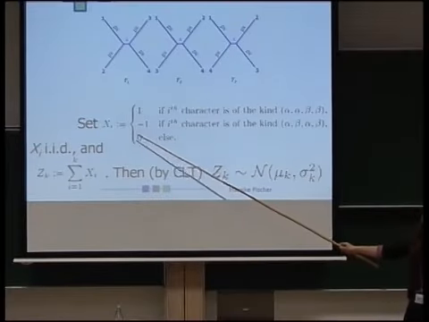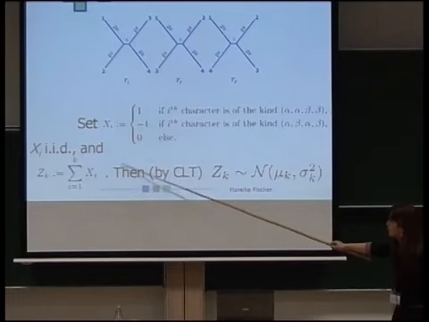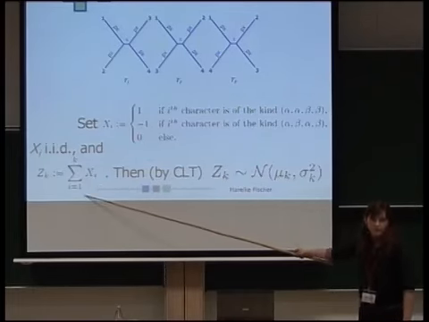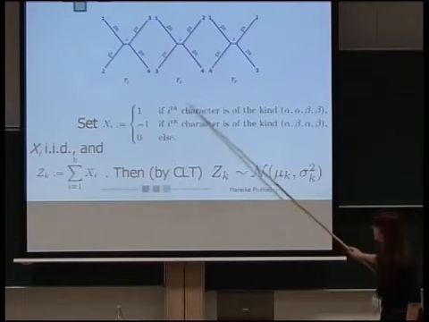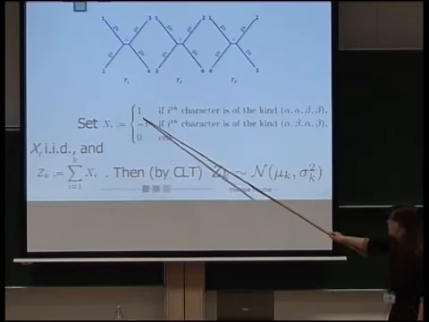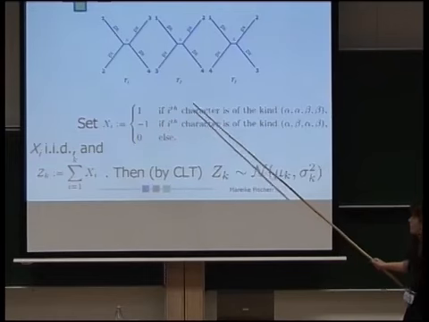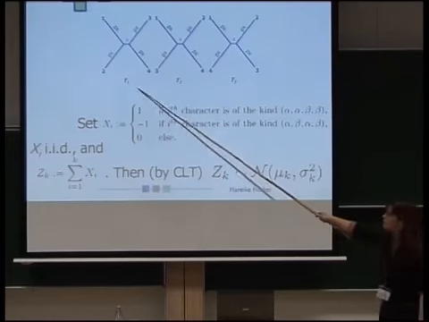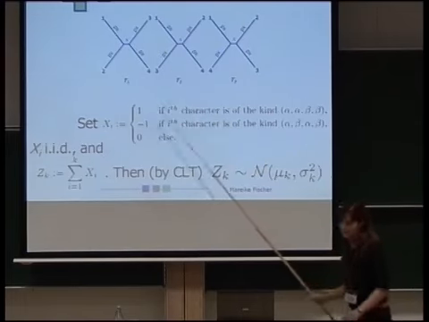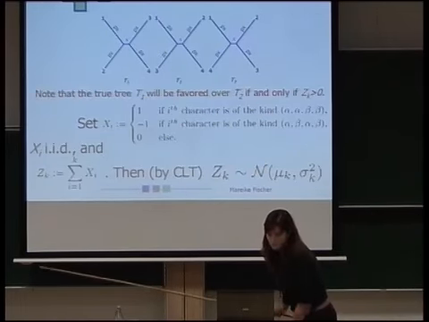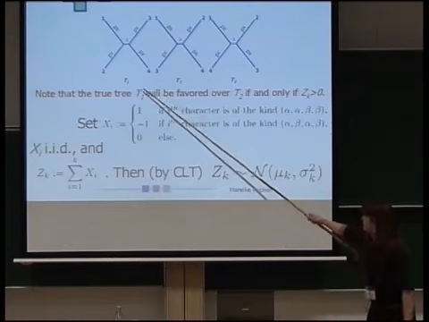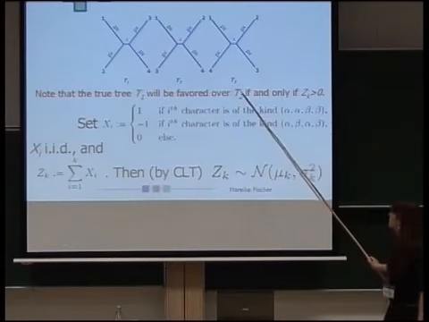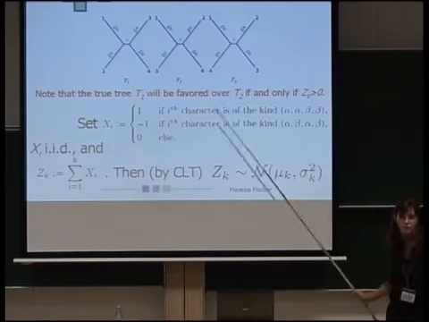Obviously, we can forget about the 0s. Now, this whole sum will be positive if and only if we have more 1s than -1s. And that means that we have more characters supporting the first tree than the second tree, which means that the true tree T1 will be favored over T2 if and only if this random variable is positive.